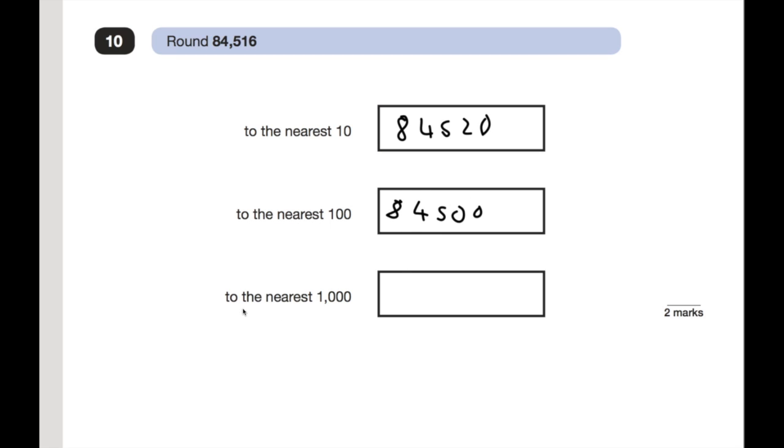And finally, it's asking us to round to the nearest 1,000, so we look at our thousands column, and we look over to this column here, the hundreds, and say, again, 5 or above, and I can see it is 5, so that means it is going to be pushed onto the next 1,000, so it's 85,000.